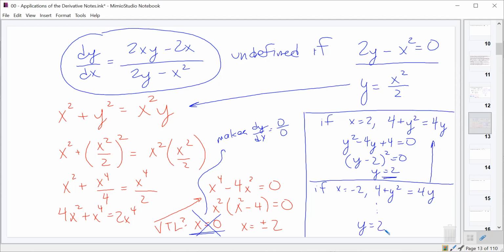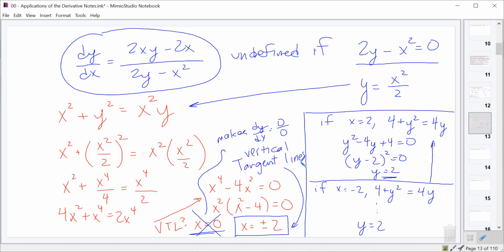And we can see that we have 2 vertical tangent lines. One of them is x equals positive 2, and the other one is x equals -2. So these, I'll just draw an arrow here, these are our vertical tangent lines. And that's all we were able to find for this one. There were no horizontal tangent lines.